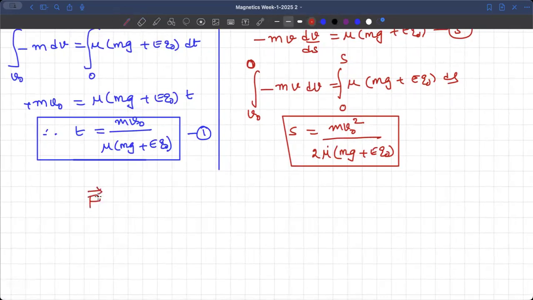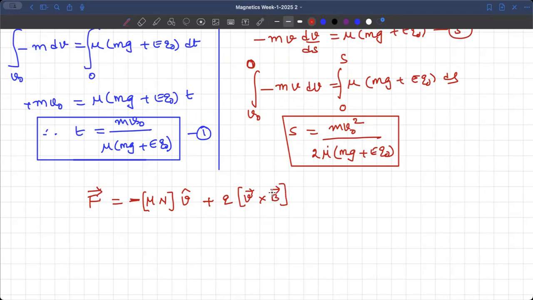At any instant, what are the different forces that it is experiencing? Mu n is the magnitude of the friction part, with direction V cap opposite to the instantaneous velocity, plus Q V bar cross B bar.